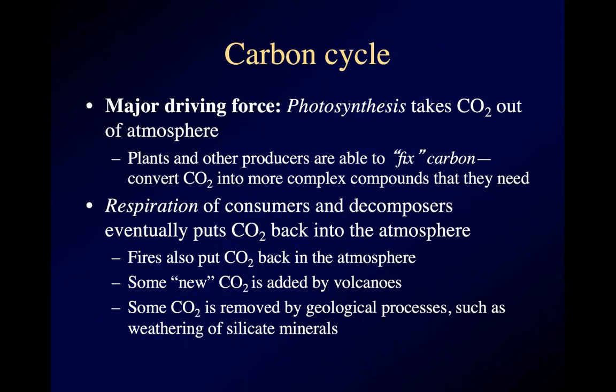When plants die and they rot, or when they live and get eaten by primary consumers, and the primary consumers get eaten by secondary consumers, and so on, those consumers and decomposers break down the plant tissue, and a waste product of that process is carbon dioxide, which they breathe out, and CO2 goes back into the atmosphere.